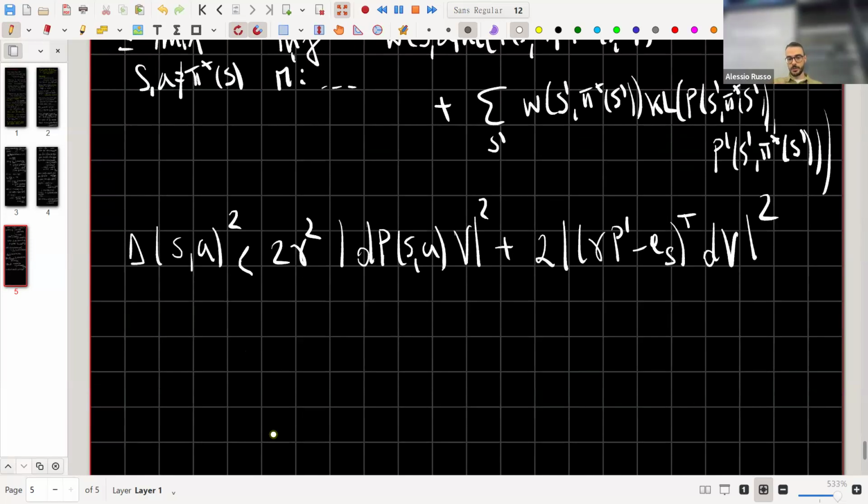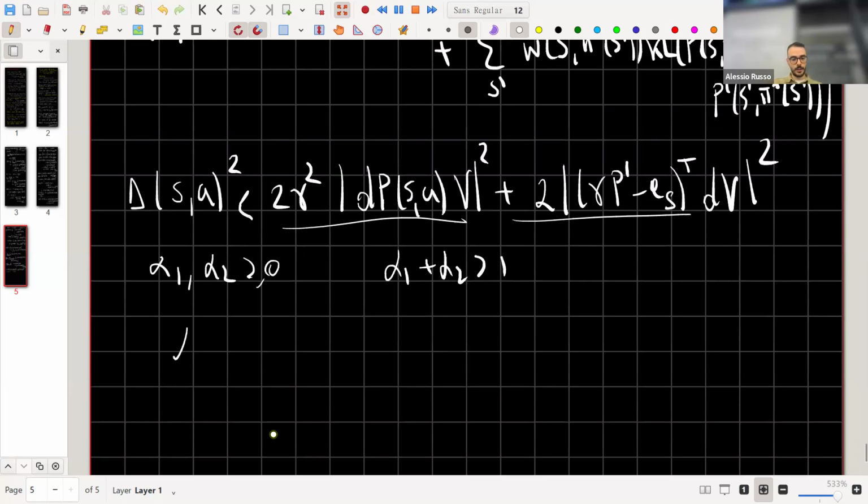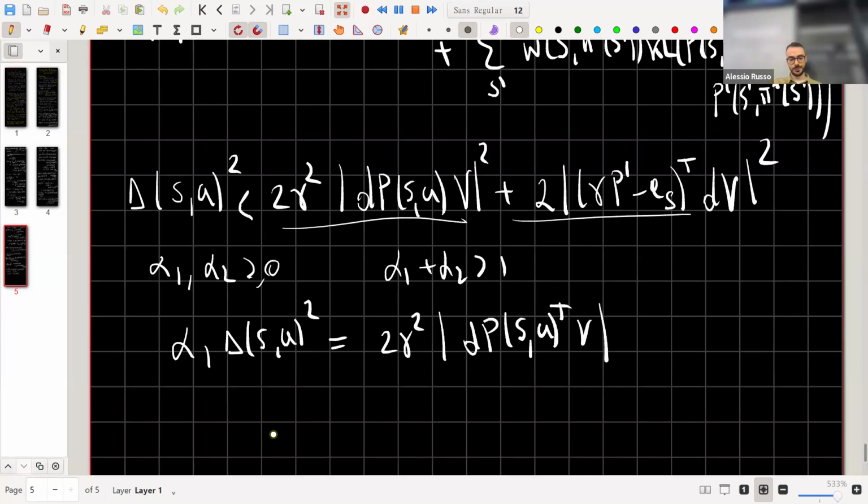So we want to understand how much of these two terms contribute to this inequality. It means that we want to find these two coefficients, alpha 1, alpha 2. These are non-negative. And these two coefficients also satisfy this inequality, such that alpha 1 delta SA squared is equal to 2 gamma squared inner product of dp SA and V. And the same for the second term.